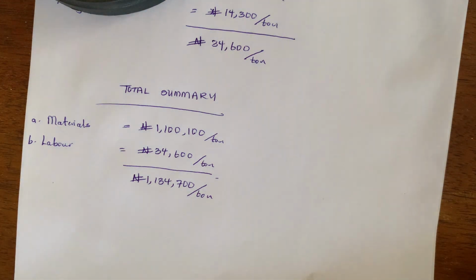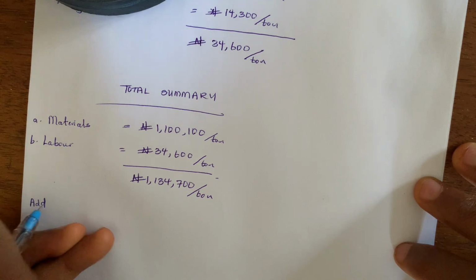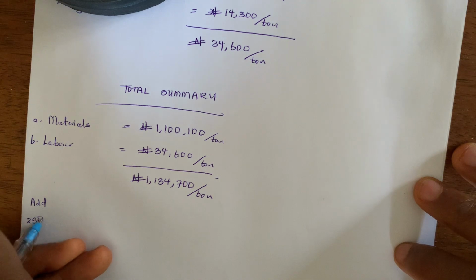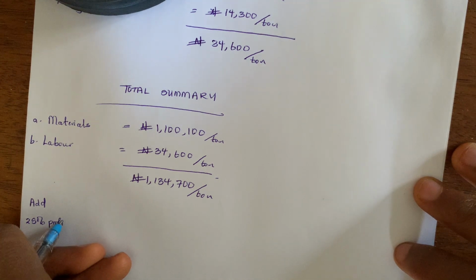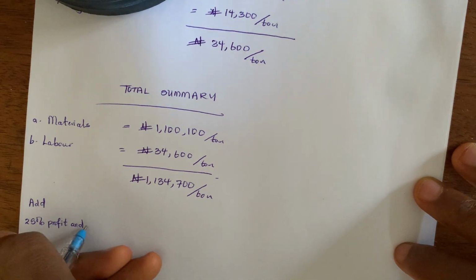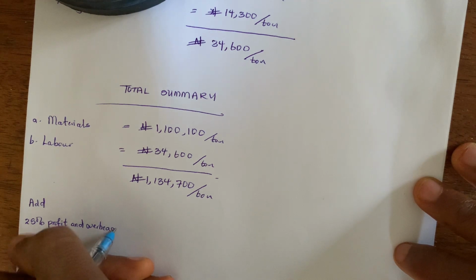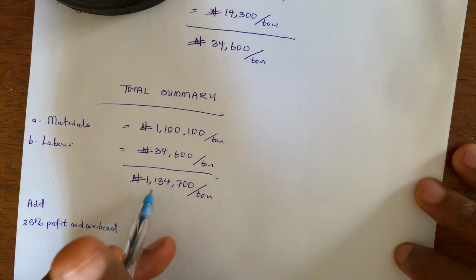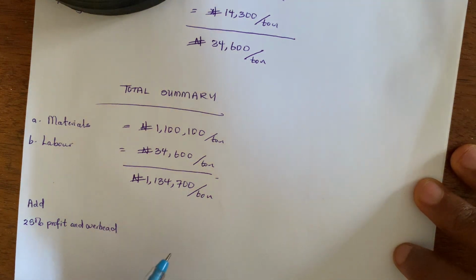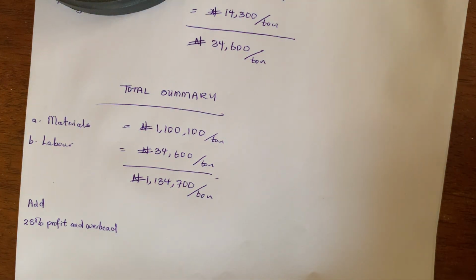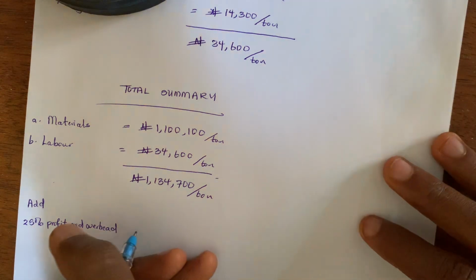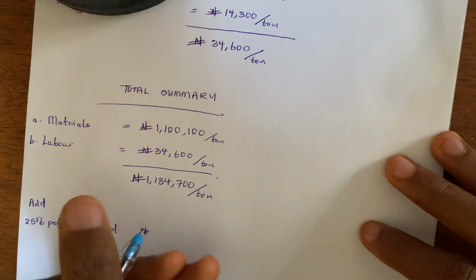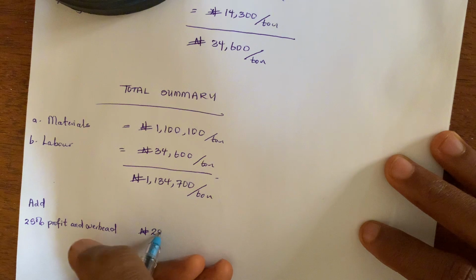After doing this, we will now add 25% profit and overhead. So 25% profit and overhead on this price will be equal to 283,675 naira.